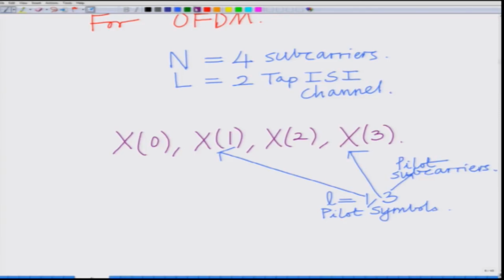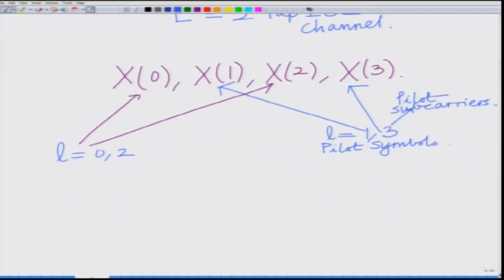Similarly we have x0 and x2, the rest of the subcarriers, that is subcarriers l equal to 0, 2, these are your information subcarriers. These are loaded with the regular information symbols, that is the transmitted information over the channel.